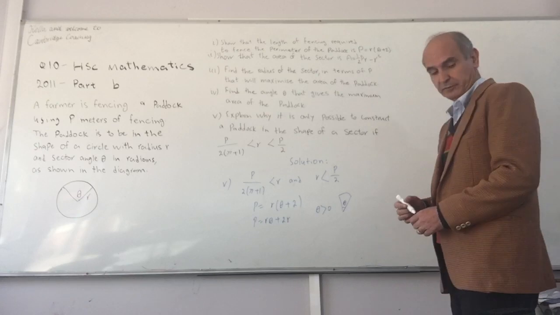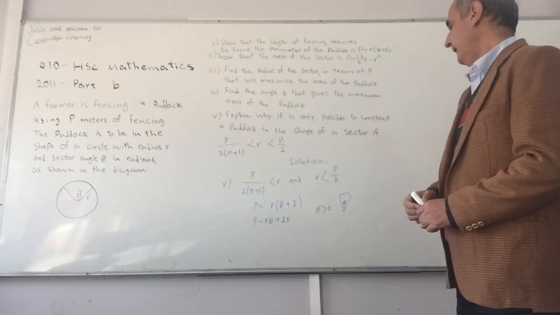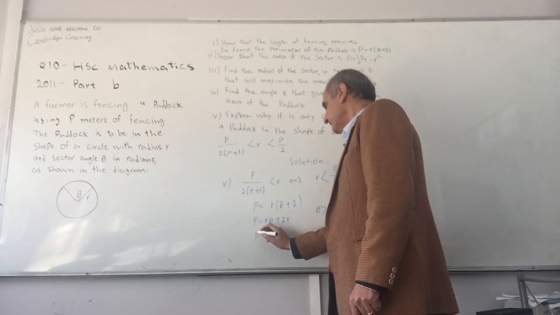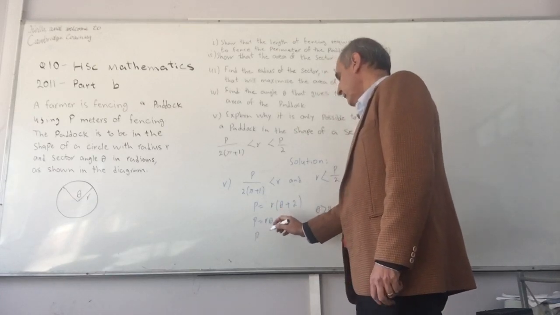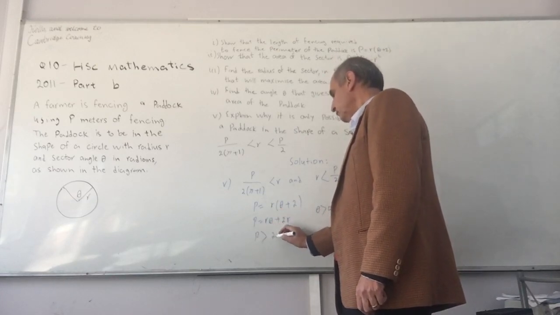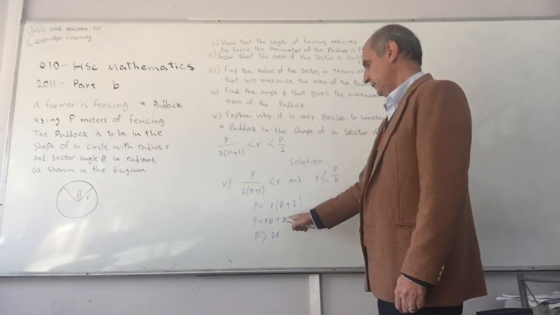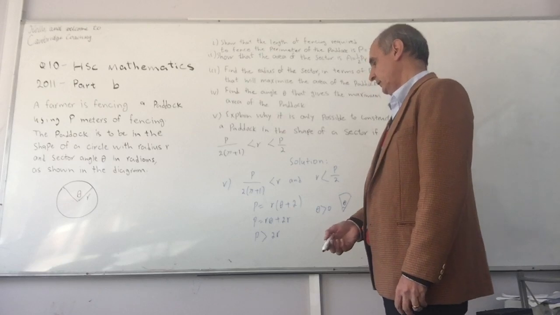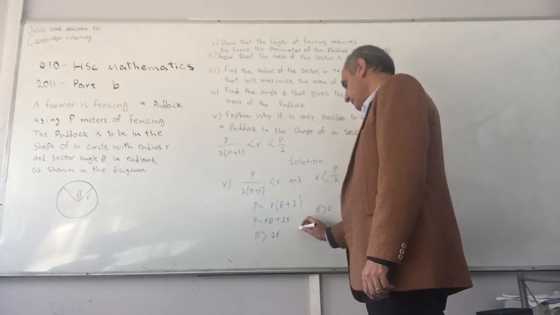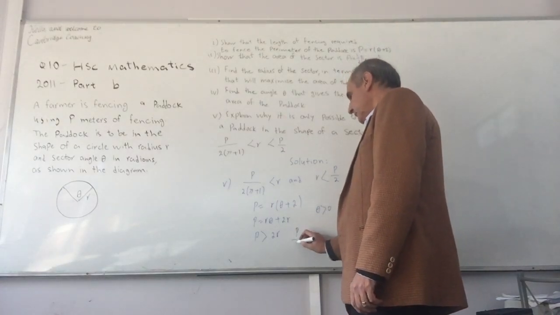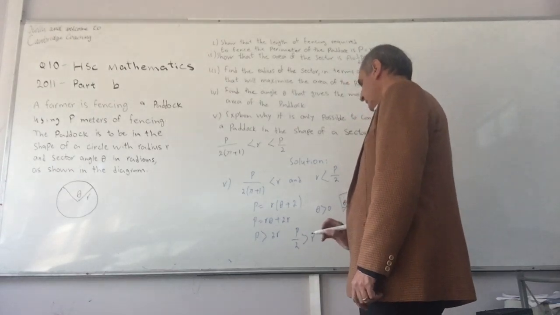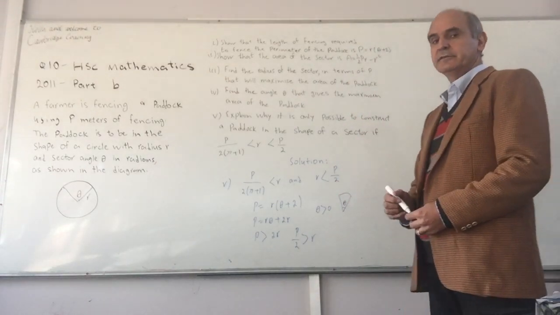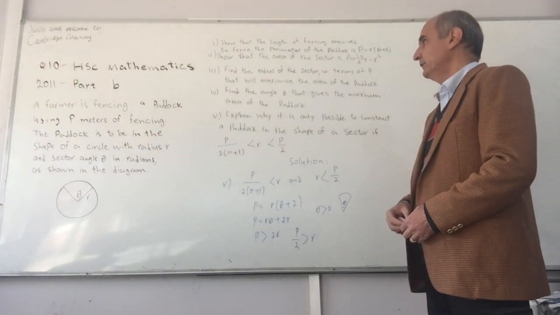So this should be a positive value. And that means that P is larger than 2R, because theta has a value and R has a value. And dividing both sides by 2, you get P over 2 is greater than R, which is the second inequality.